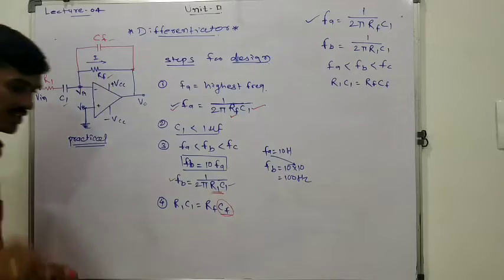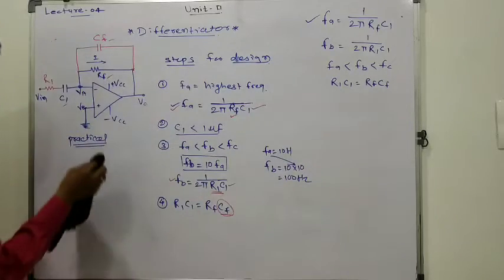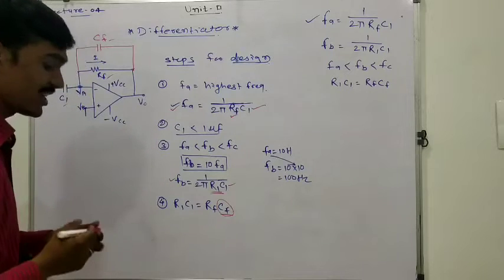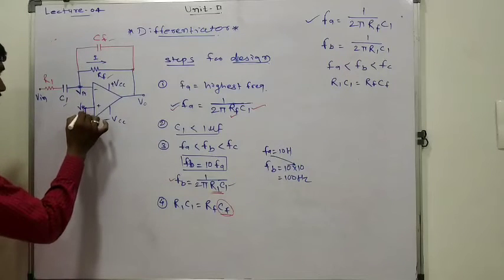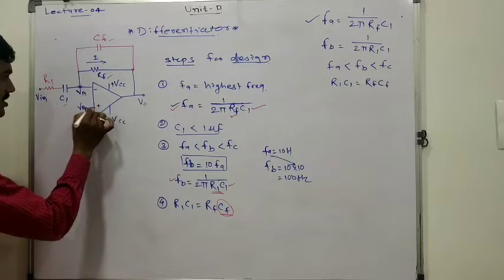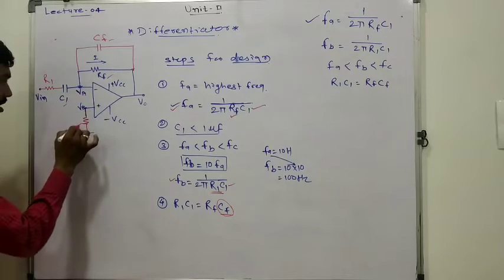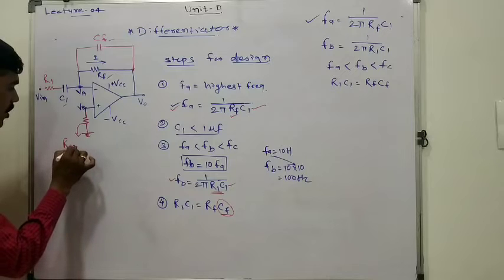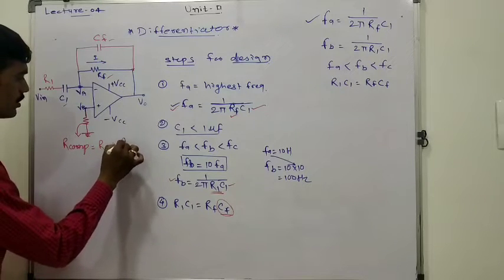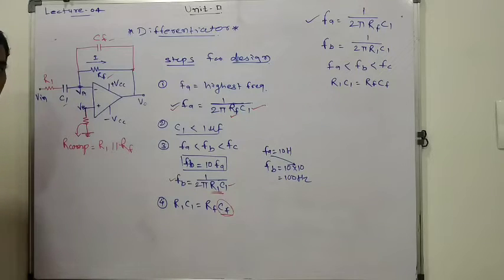One more change is done in this circuit diagram, in the practical differentiator. We have to connect one compensating resistance across the non-inverting terminal, and this compensating resistance, RCOM, is equal to R1 parallel to RF.